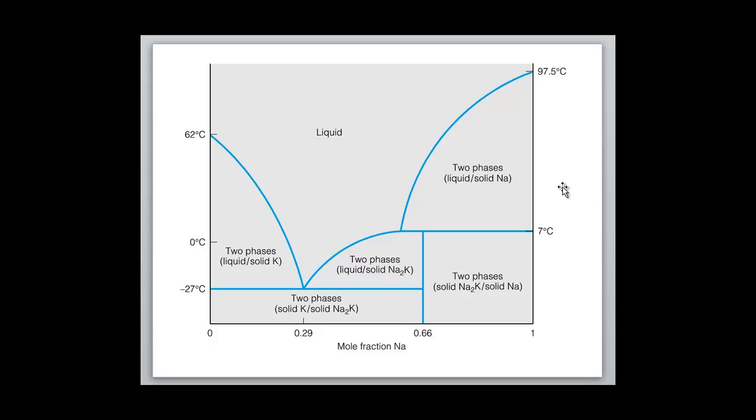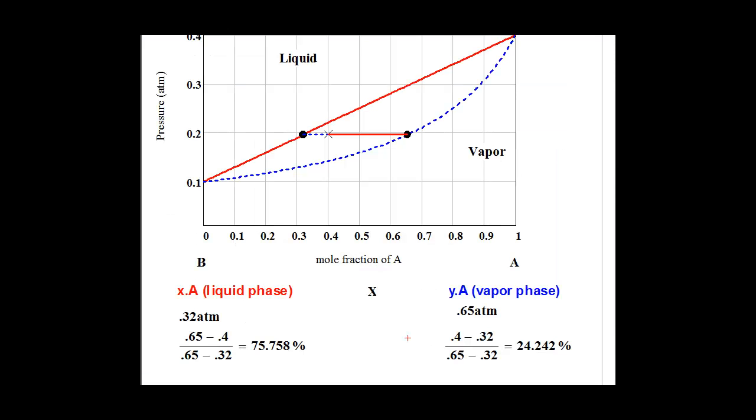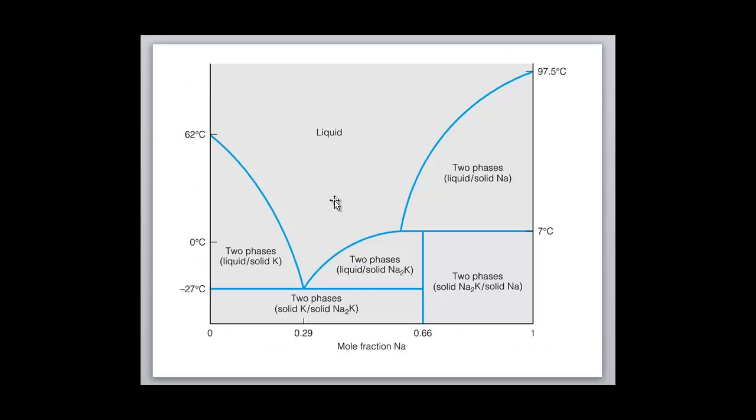Again, what we can do is analogous to what we did for the liquid-vapor phase diagram we looked at before, where we can put an X in a region and look at the endpoints of that region and look at the length of the segments, and from that determine what we have in that region and how much of each phase we have in that region. So we can apply the same principle to this more complicated phase diagram.